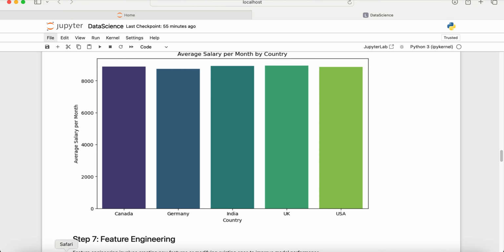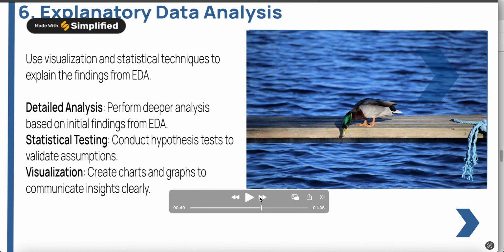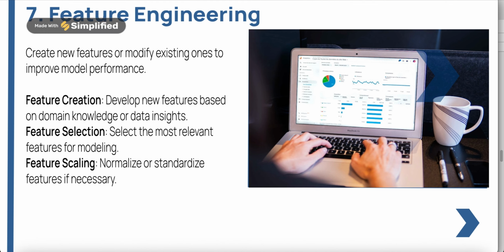Now comes the next stage, which should be feature engineering. This is where you can create new features, develop new features, and then select the most relevant features for modeling.